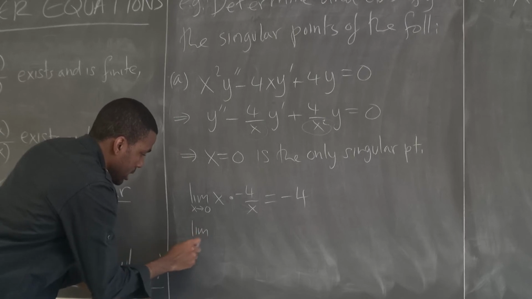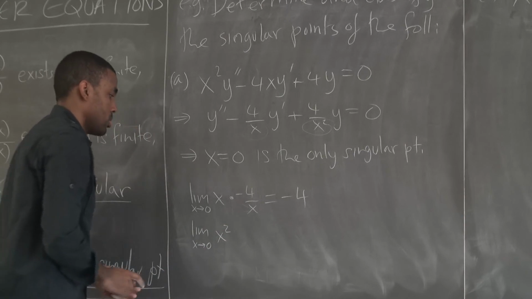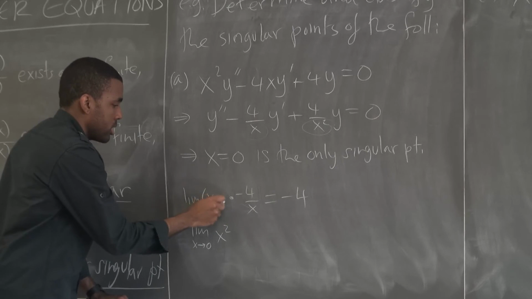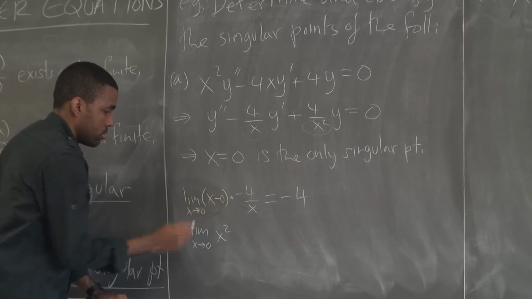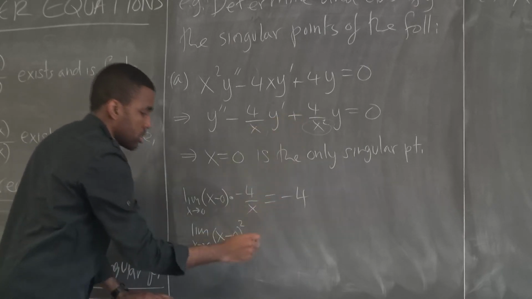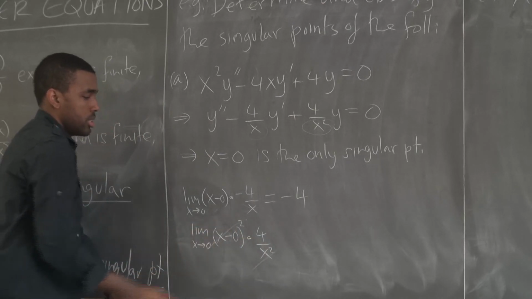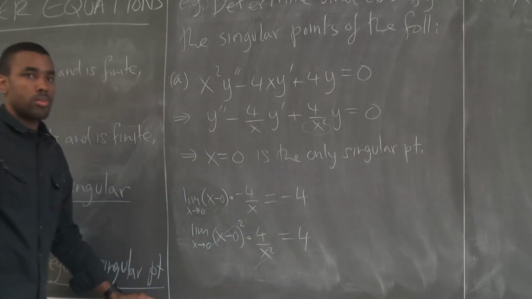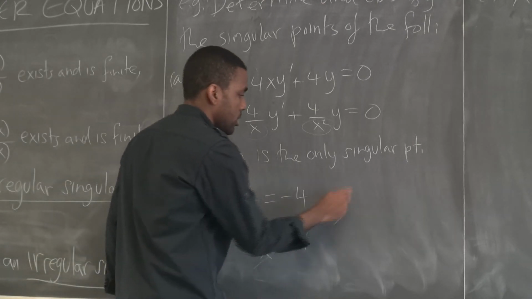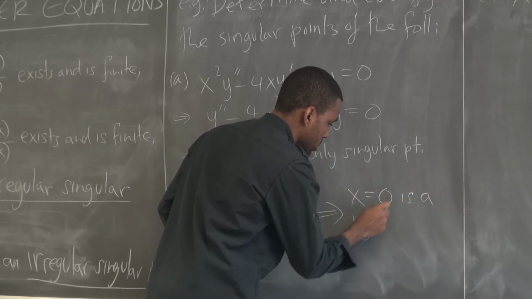If we test the limit as x approaches 0 of x minus 0 squared times this, here the x squares would cancel again, and we get 4. So both these limits exist, and they're finite. This means x equals 0 is a regular singular point.